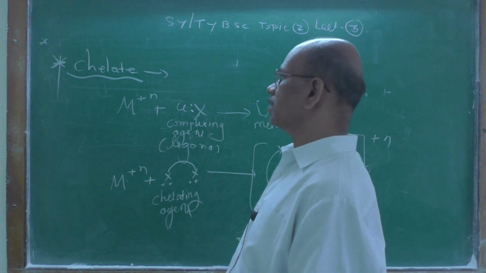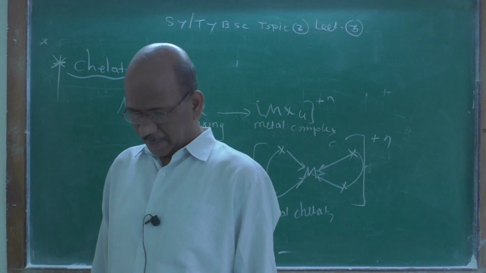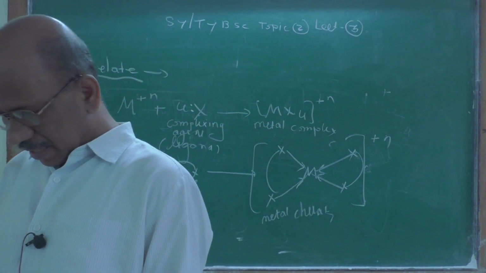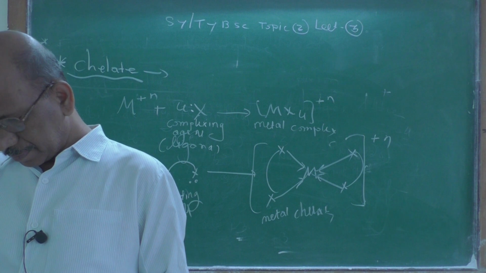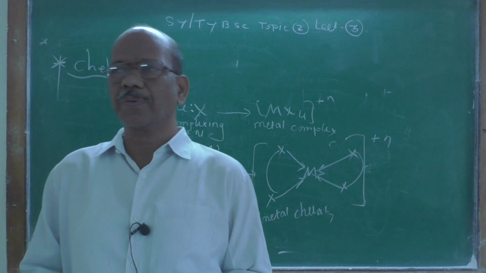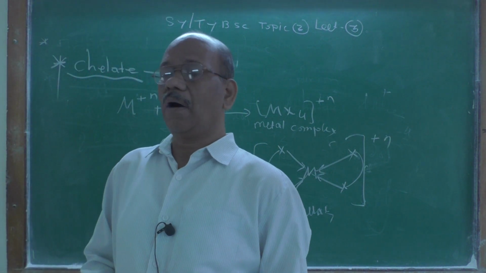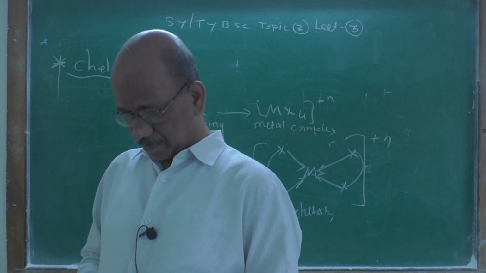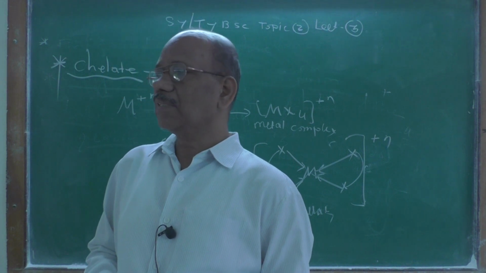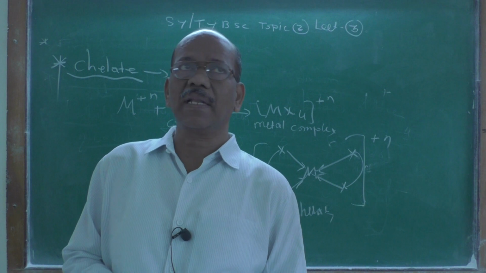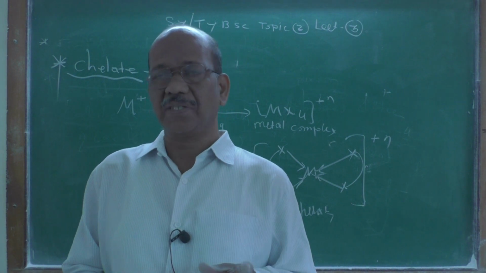If we consider the properties of metal chelate, in the formation of metal chelate, formation of a heterocyclic ring is essential. Metal chelates are formed by those metal ions which have high charge.